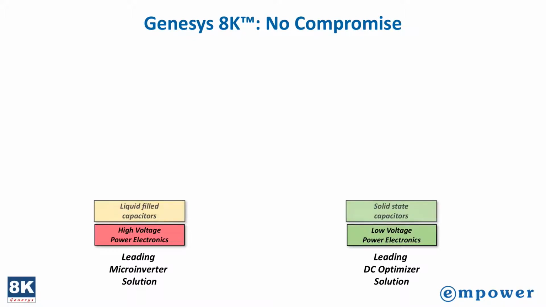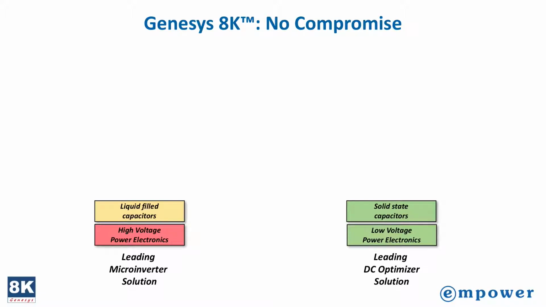Attribute 2. Capacitor technology. The choice of capacitor technologies used strongly influences long-term reliability. Liquid-filled capacitors are the lowest cost solution. The liquid in these capacitors does, however, evaporate over time, presenting a long-term reliability risk, especially at elevated temperatures.